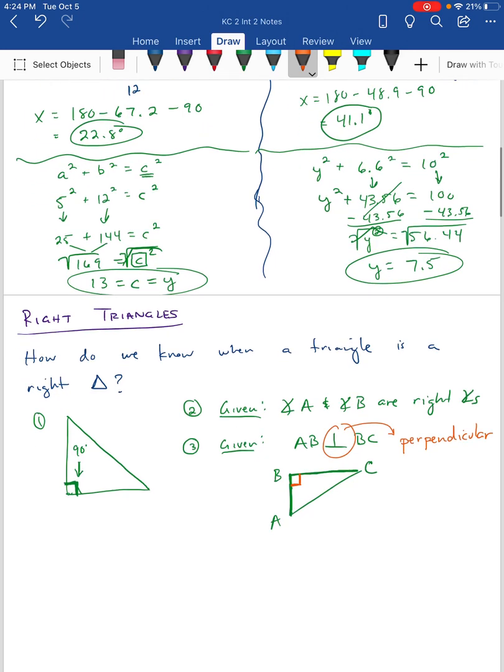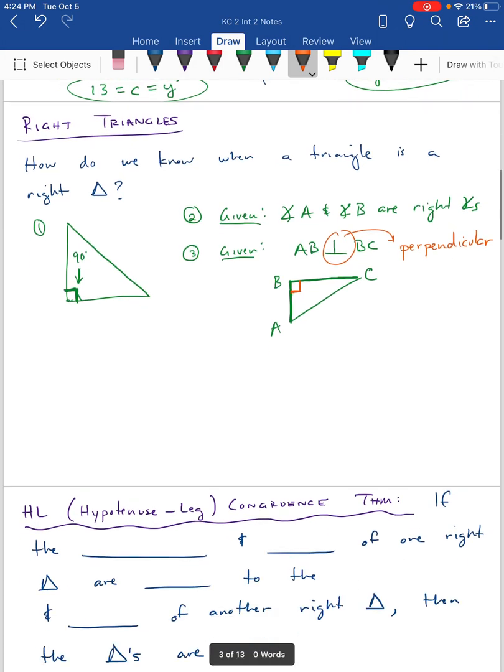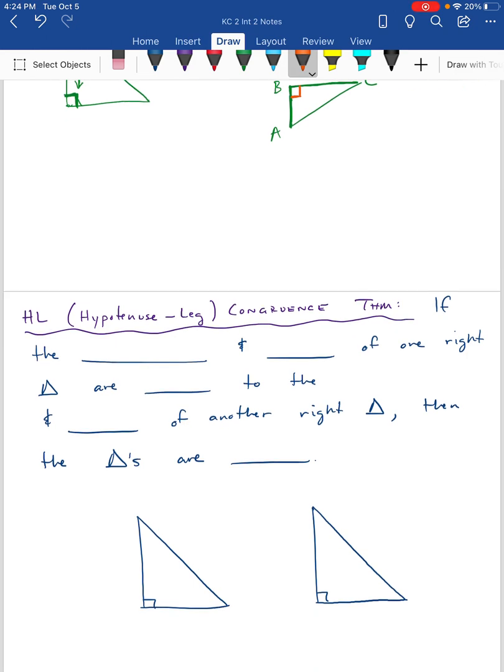All right, now we are going to talk about congruence theorems with right triangles. Now this will only work for right triangles, not a scalene or an isosceles triangle. It has to be right triangles. Okay, so the first theorem that we have is called the HL, or hypotenuse leg congruence theorem.